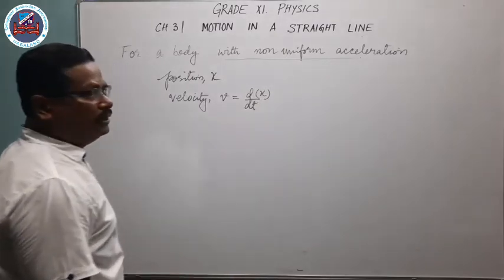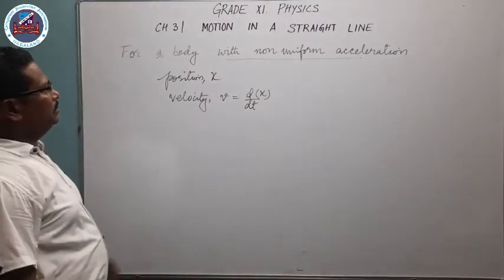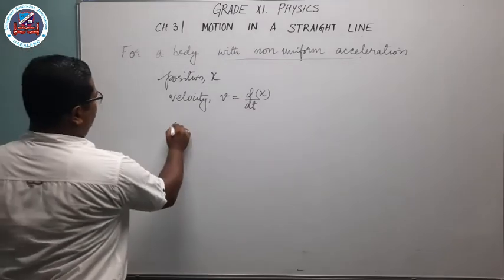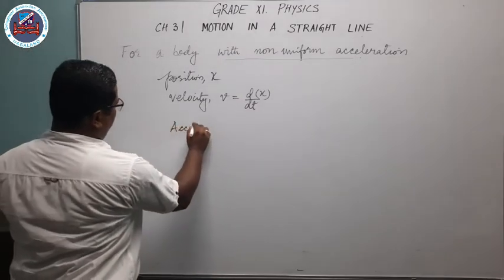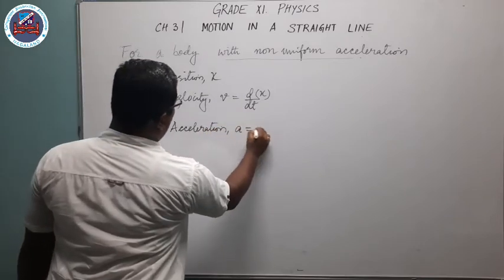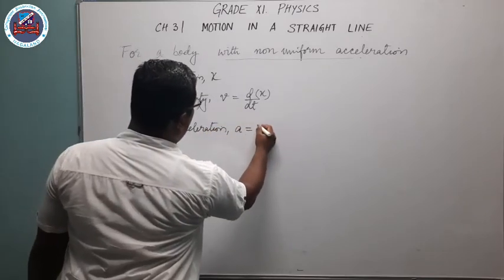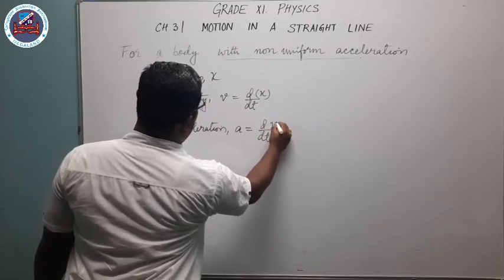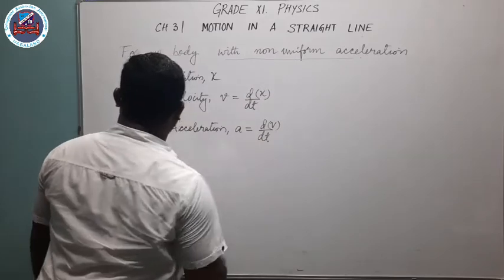So calculus way you'll have to use it to deal with bodies with non-uniform acceleration. And to find out acceleration, we'll have to differentiate velocity, d by dt of v, or dv by dt. Then we'll get acceleration.